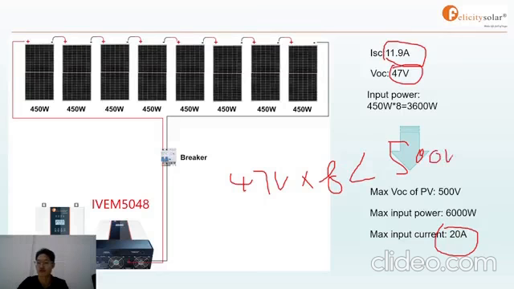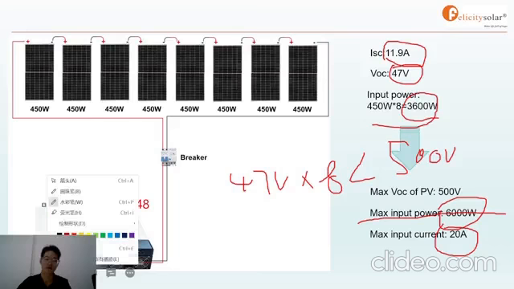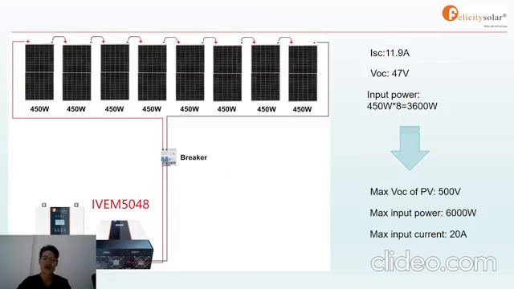Okay, and the maximum input power of these panels is 3,600. It is less than 6,000. So when all the conditions meet the needs of the MPPT solar controller, it is suitable for this.